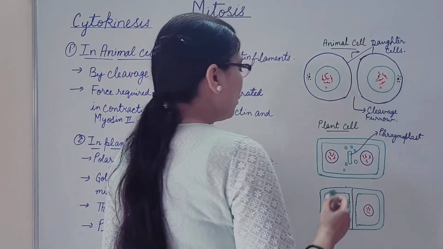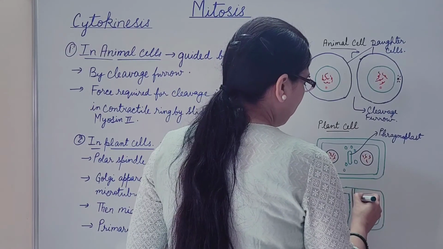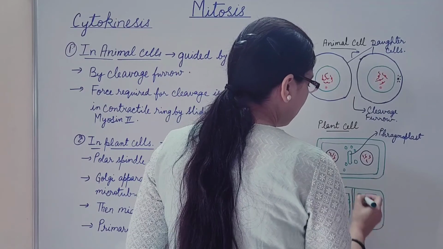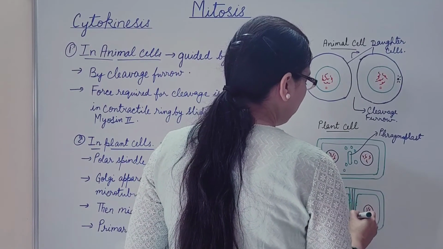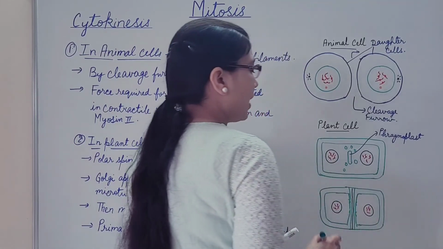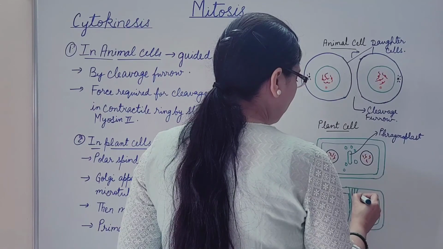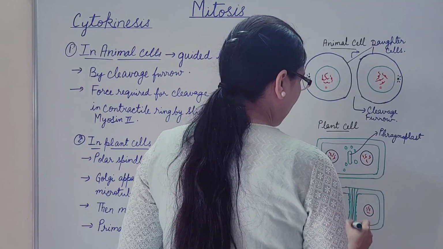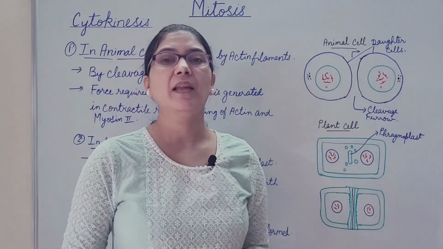After the formation of the middle lamella, cell wall material by the process of exocytosis are deposited adjacent to the middle lamella and primary cell wall is formed. After that, the secondary cell wall is formed, and in this way cytokinesis is completed in plant cell.